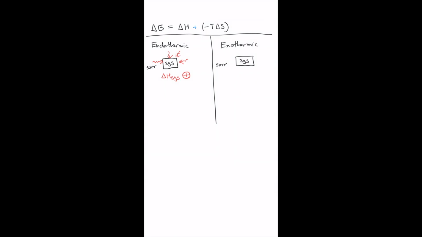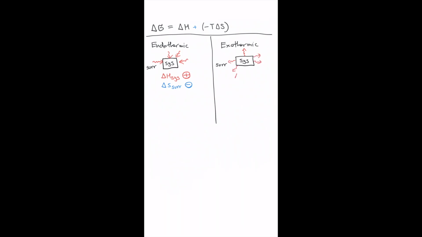However, going back to chapter 17.2, you will see that the entropy change of the surrounding would be negative because the heat becomes more concentrated in the system. Now let's take a look at exothermic. Exothermic would be the opposite process because the heat is being released from the system to the surrounding.